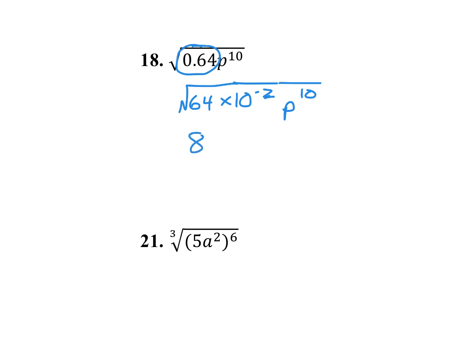We have 8 times 10 to the negative 1 times p to the 5th. So that is 0.8p to the 5th. And then I almost forgot, we have an exponent that went even to odd, so we need absolute value on that.